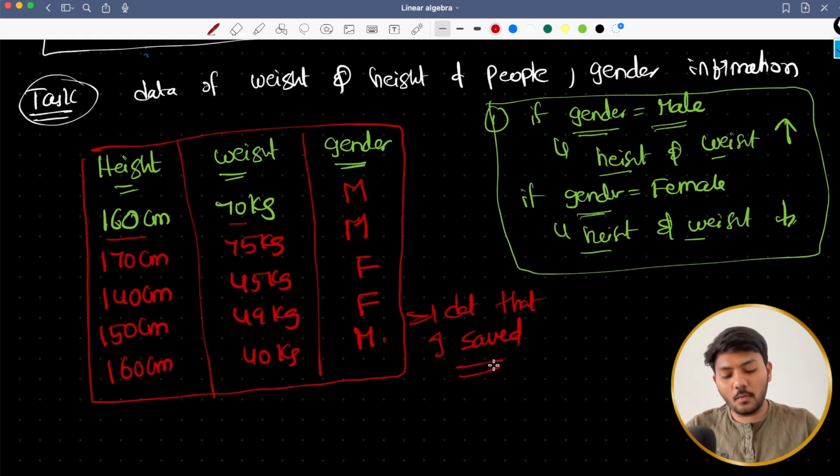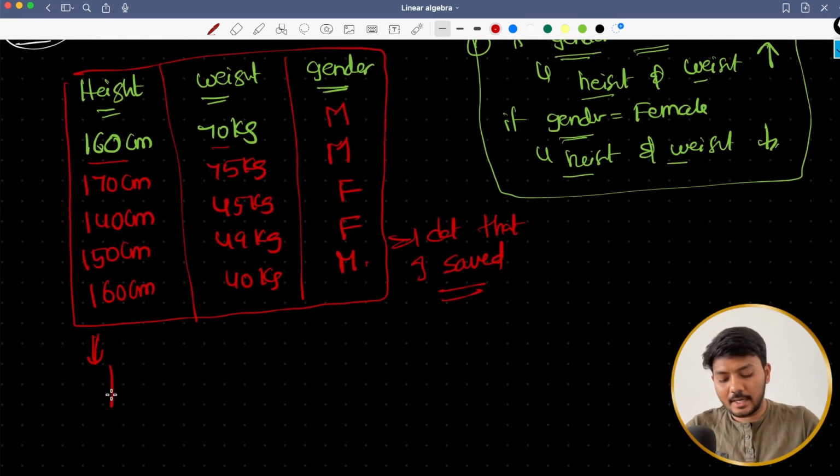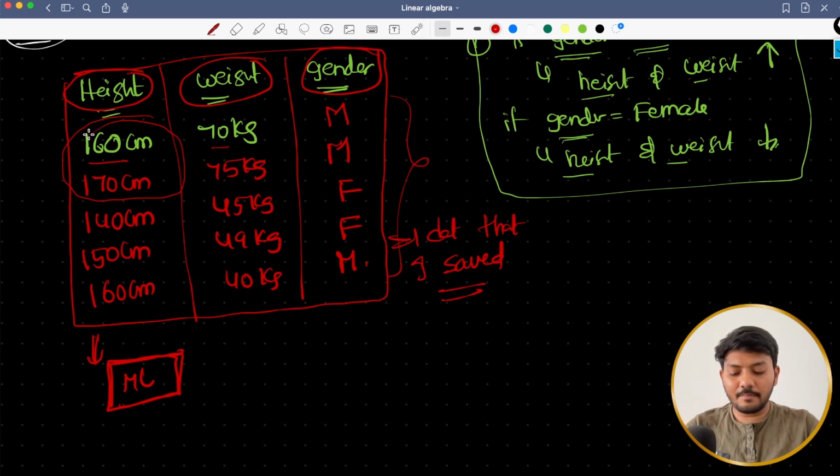Now what I want to do is pass all of this data into a machine learning model, and the task of this machine learning model is, given height and weight, we want to predict the gender. If you look at this data clearly, if my height range is approximately 160 to 170, and if my weight is approximately 70 to 75, they usually fall into the category of male.